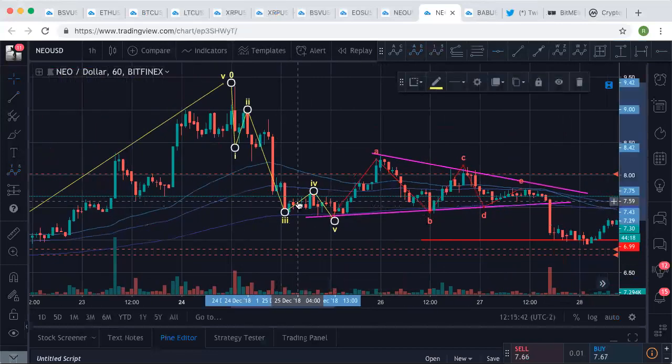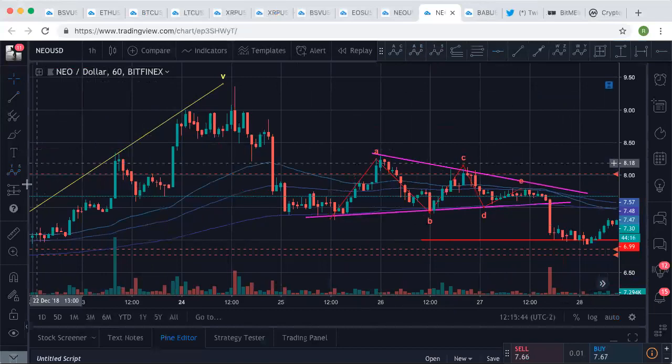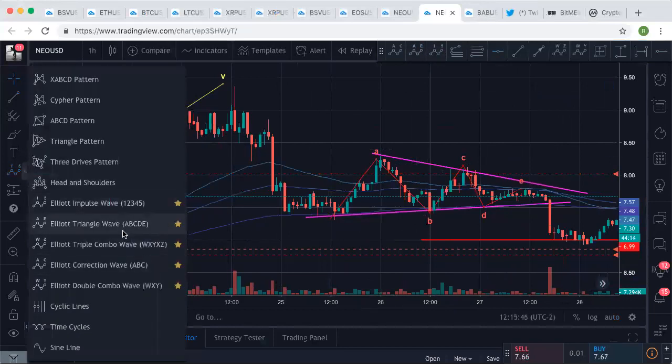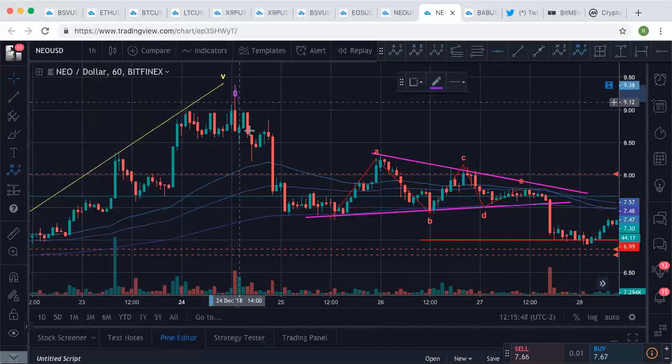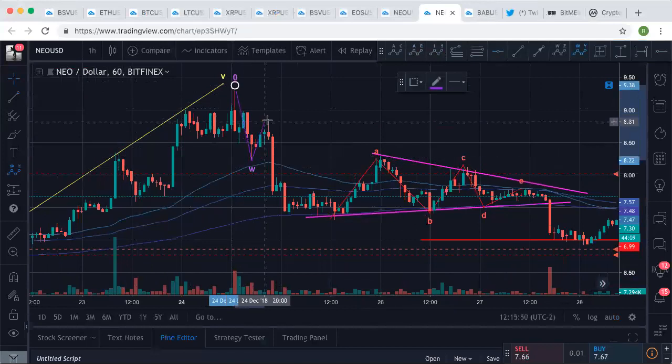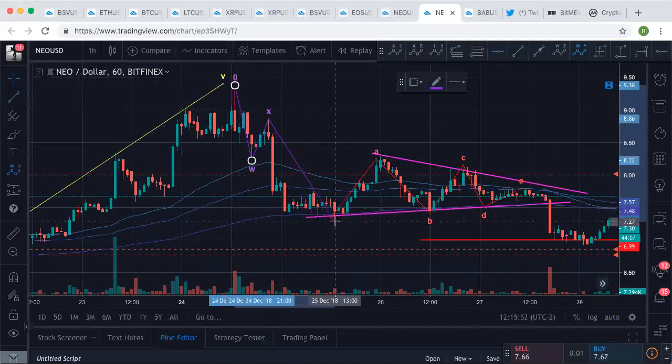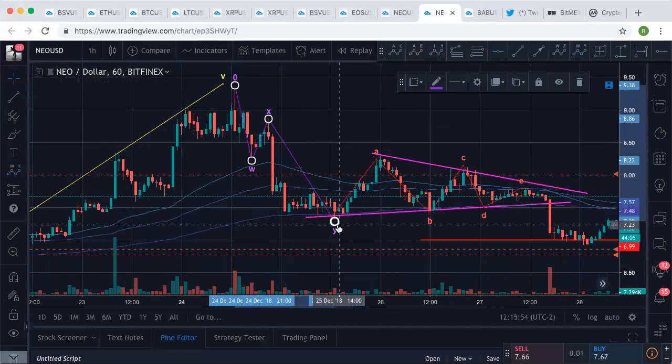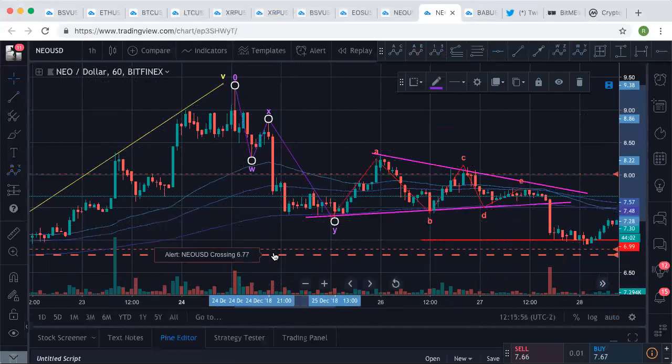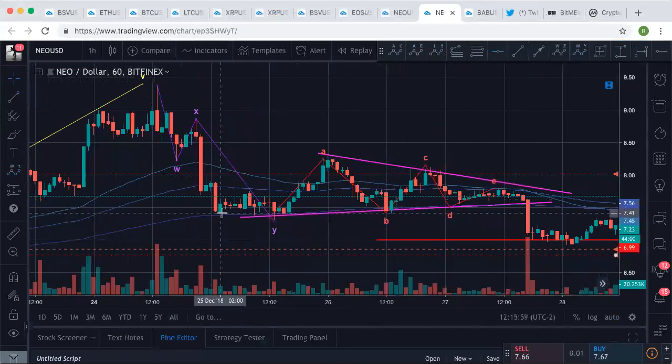What it is most likely to be is a WXY. So you've got your 1, 2, 3, your X wave, and then your 1, 2, 3 there for your Y wave, okay? Just simply because there is not a clear fifth wave here. There is 1, 2, 3 waves there.